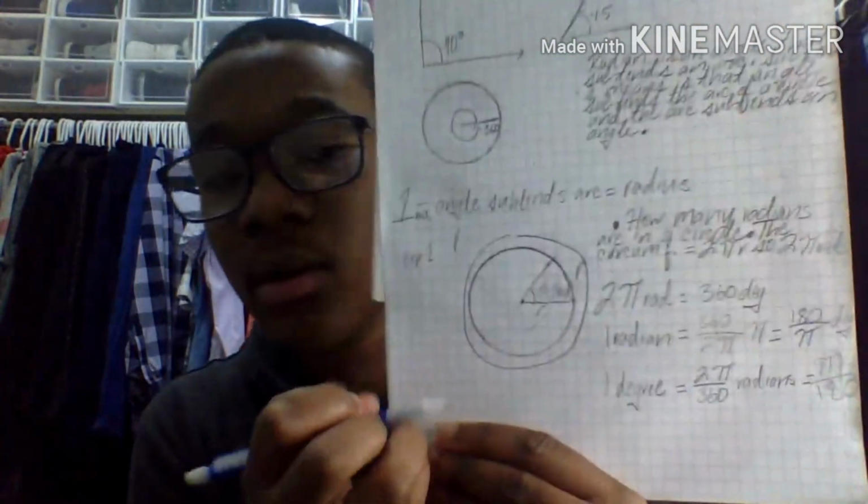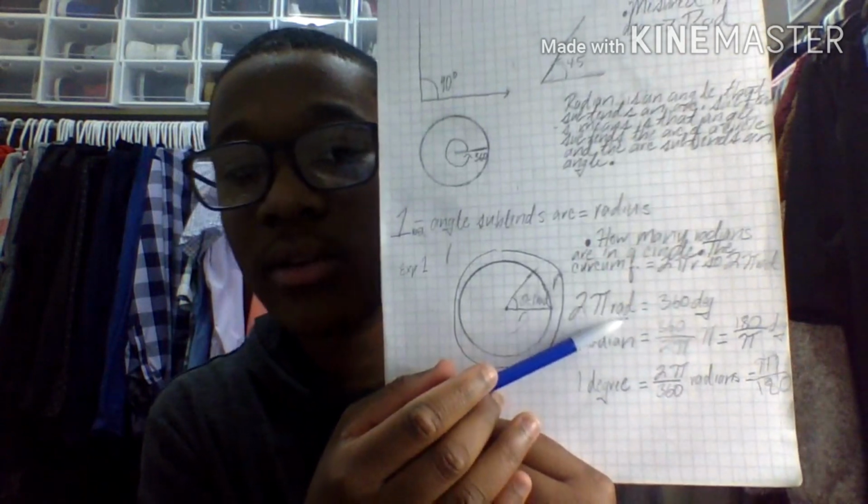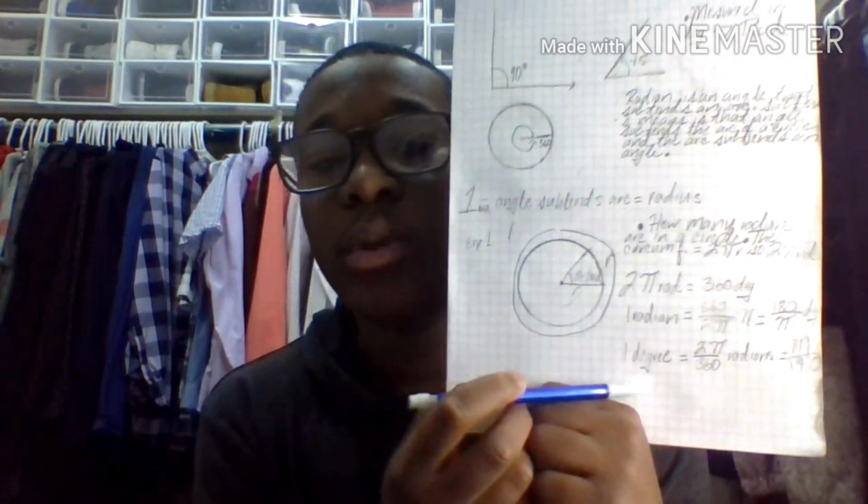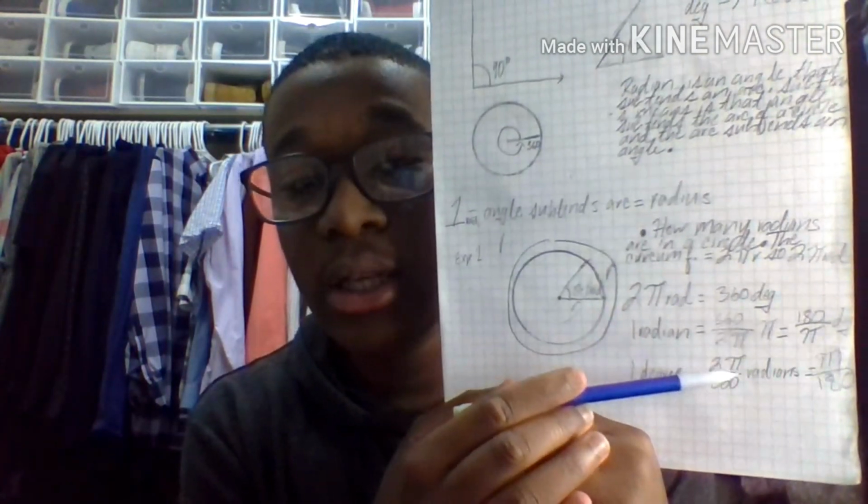So now that we know that 2 pi radians equals 360 degrees, 1 radian is going to be 360 degrees divided by 2 pi, which is going to equal 180 degrees over pi. And 1 degree is going to equal 2 pi over 360 radians, which equals pi over 180 radians.